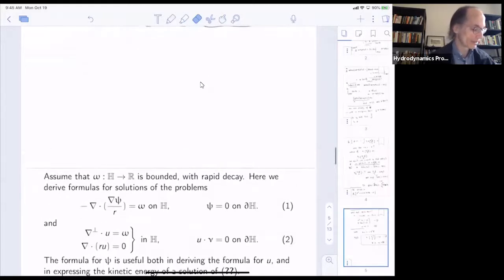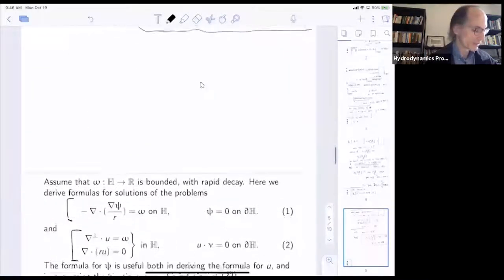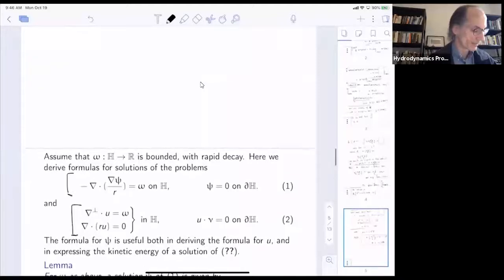So here's the problem of reconstructing the velocity from the vorticity: given omega, find a u with these properties, where now H is the half space, and the weight is the one arising in this axisymmetric setting. And here's the problem that determines the potential psi.